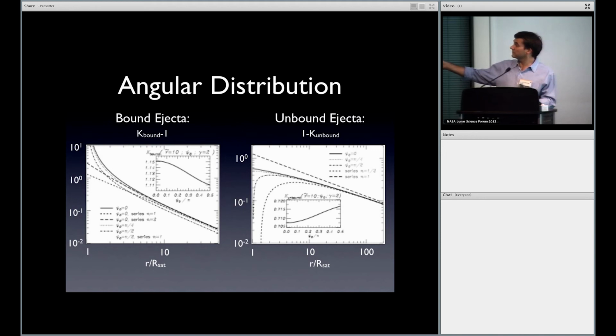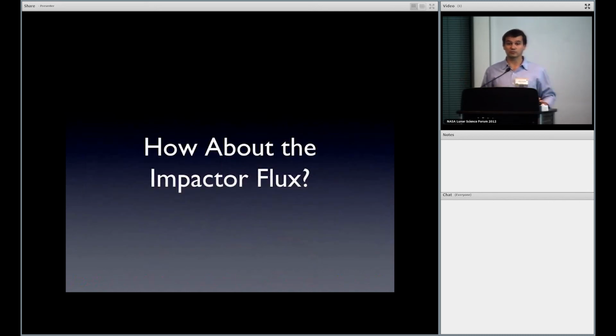It also depends on the factor k and the angular distribution, which basically means that if you map out the density distribution very close to the surface and also as a function of altitude, you can fully characterize the ejecta process, including the partitioning parameter and the angular distribution of the ejecta. And that's exactly what LDEX is going to do on board the LADEE mission.